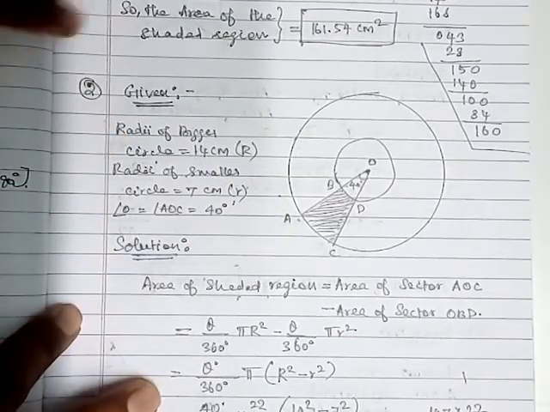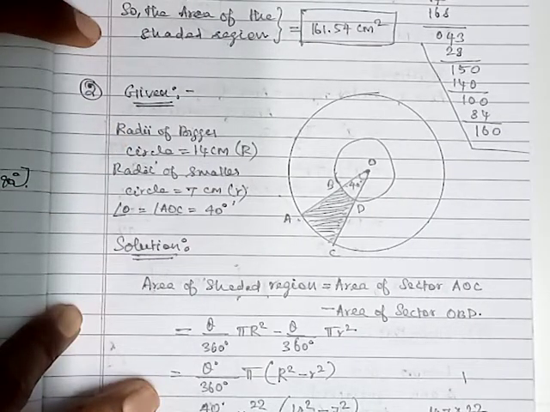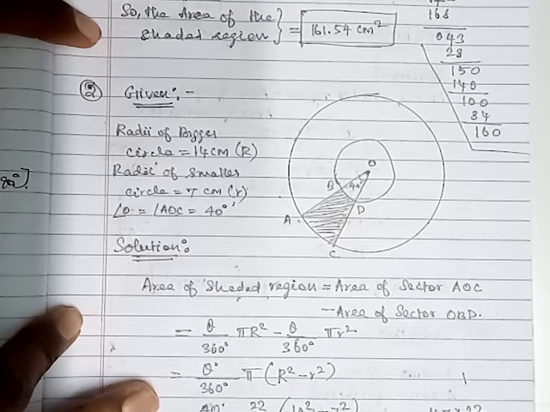Second sum is: find the area of the shaded region in figure 12.20, if the radii of the two concentric circles with center O are 7 cm and 14 cm respectively, and angle AOC is 40 degree.